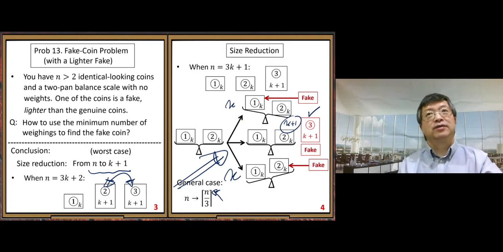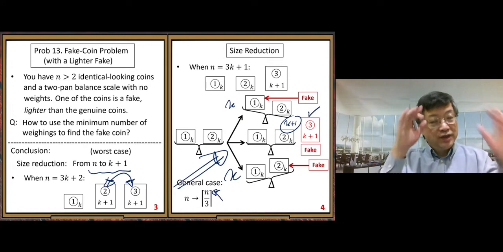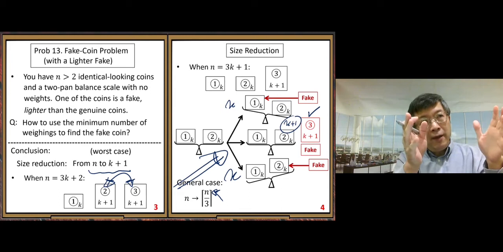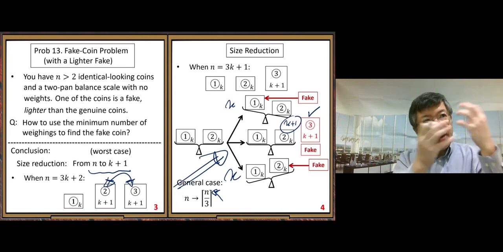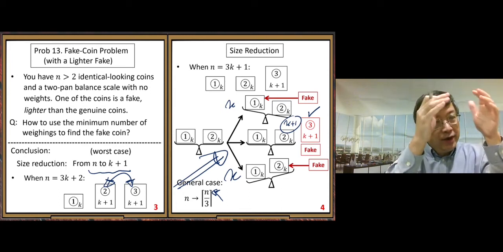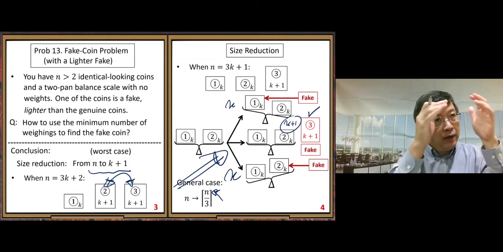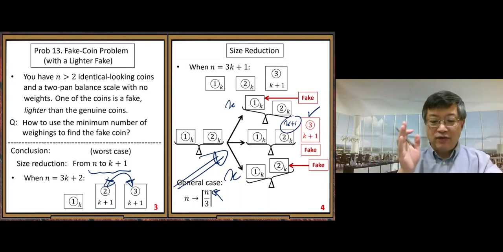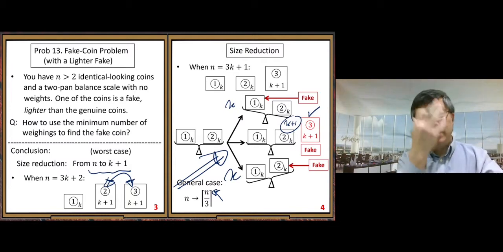So that's our formula description. Each weighing, we reduce the problem size from n to the ceiling of n over 3. That's our conclusion from this analysis.